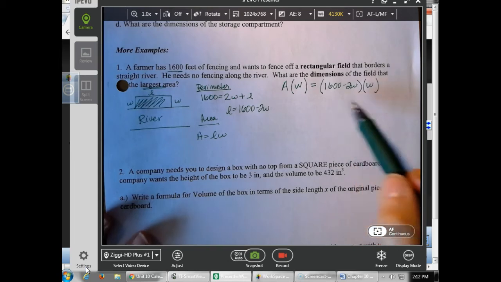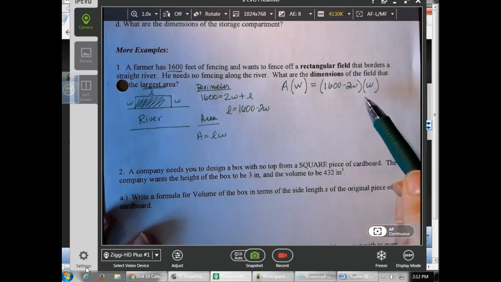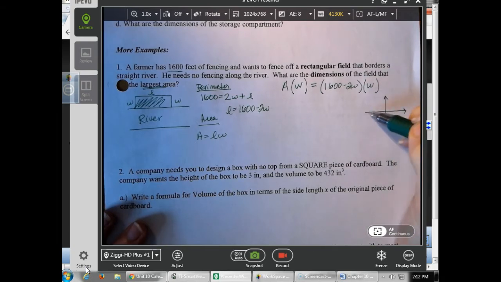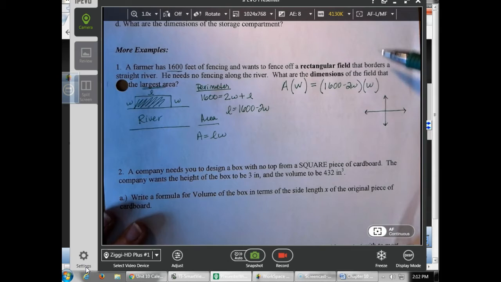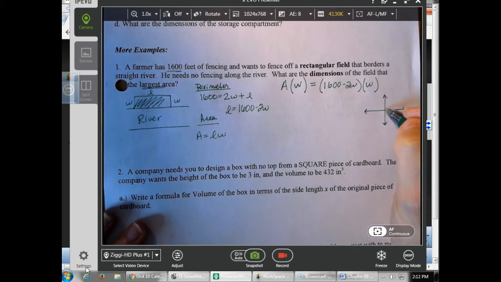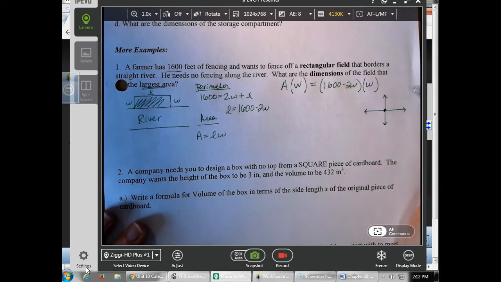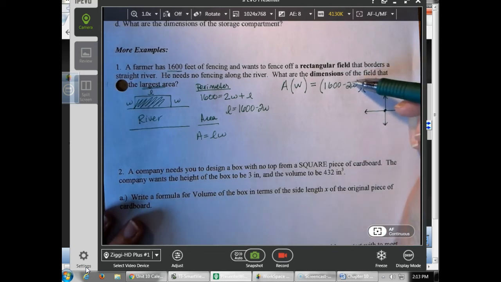So what we need to think about is what this would look like in terms of the graph. I don't really have to multiply this out because it's given to me in factored form. And basically I would have a root or an x-intercept at 0. And then I'm also going to have one, if I set that equal to 0 to solve, at 800. So when I think about that, I can see that I would have a negative leading coefficient.